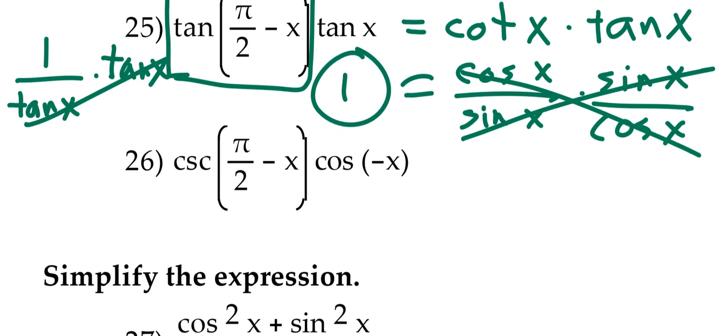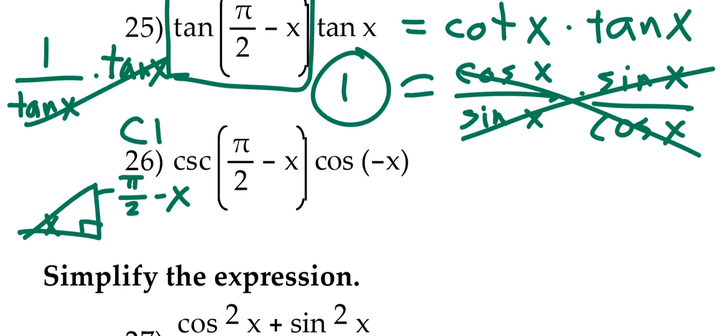All right, what are we going to do with this one? Man, we need a formula sheet, don't we? Okay, let me see if I can quick think through this. Let's see. If this is x, this would be pi over 2 minus x. So the cosecant of that one, cosecant would be hypotenuse over opposite, right? So hypotenuse over opposite.